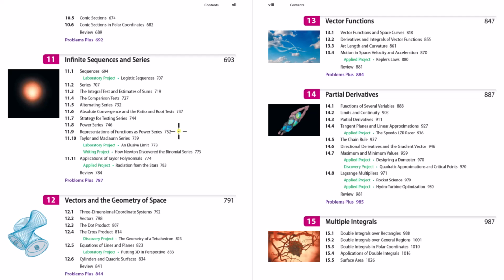That concept is what we're going to look at. Then in section 11.10, we're going to direct our focus more on the mechanics of representing a function as a power series. That's what the Taylor and Maclaurin series are about. Again, the Taylor series is the most general form. The Maclaurin series is centered about zero. The Taylor series is centered about any number, including zero if you want.